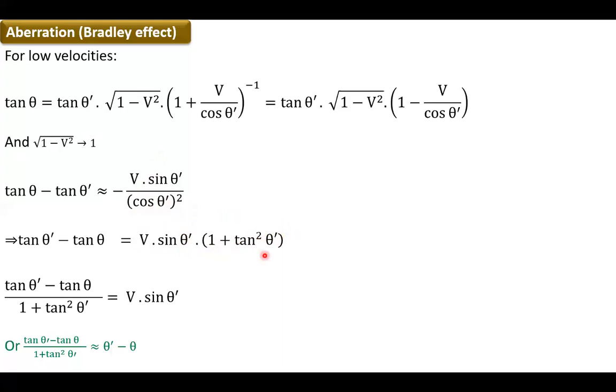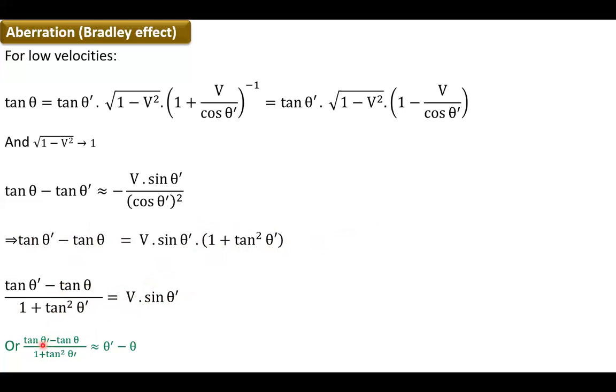You don't have to remember this, but you know it from trigonometry. 1 over cosine squared is equal to 1 plus tangent squared. This is an easy equation. You can remember it. 1 over cosine squared is always equal to 1 plus tangent squared. So tangent theta prime minus tangent of theta over 1 plus tangent squared theta prime is equal to v sine theta prime.